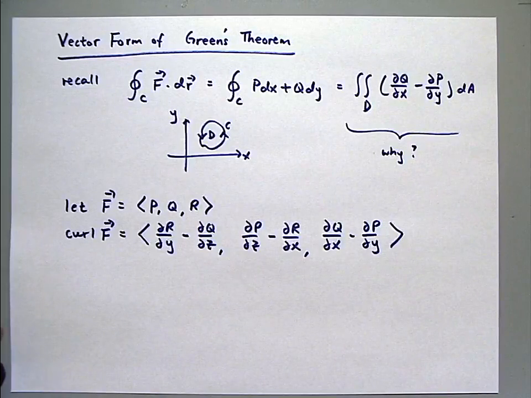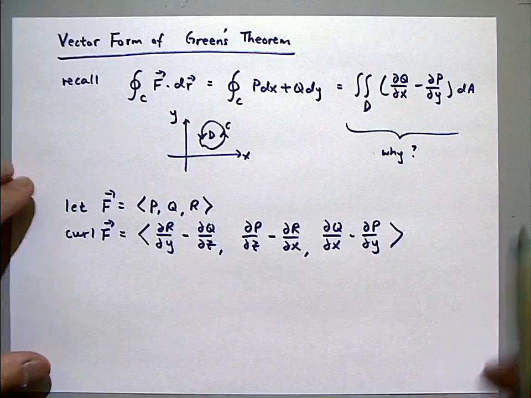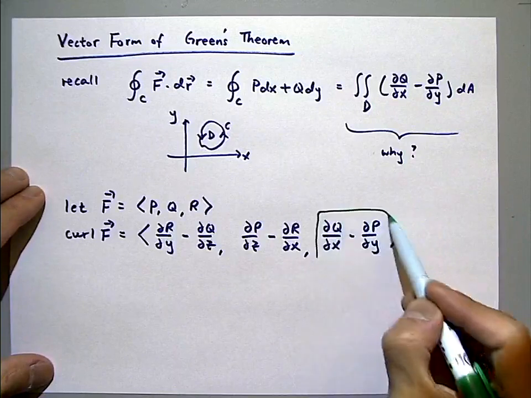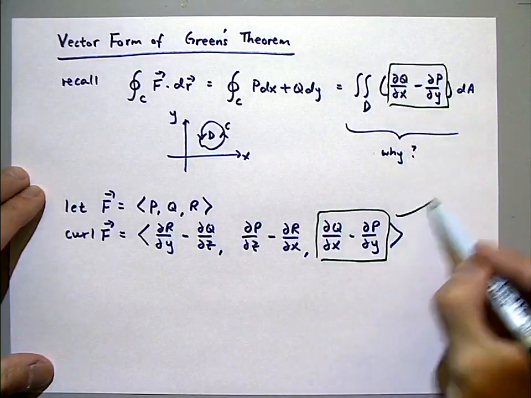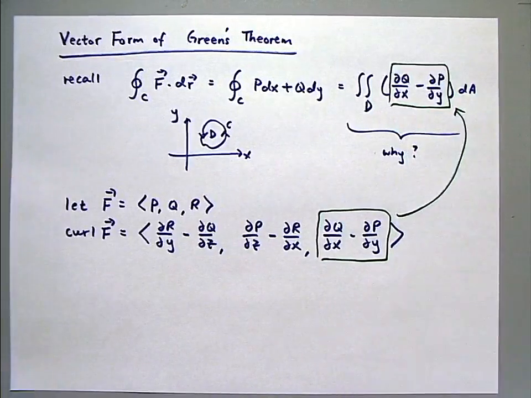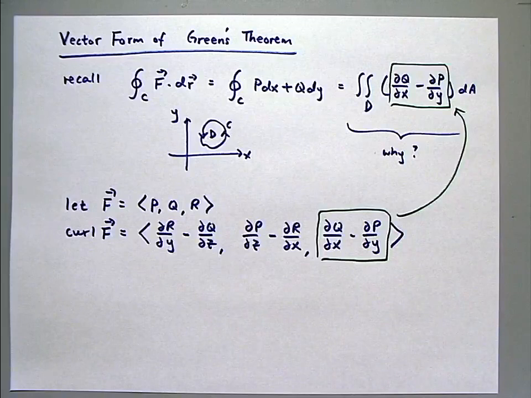Right? Now look at the last component here. This is precisely the same thing that we integrate using Green's theorem. So this is the K component of that.